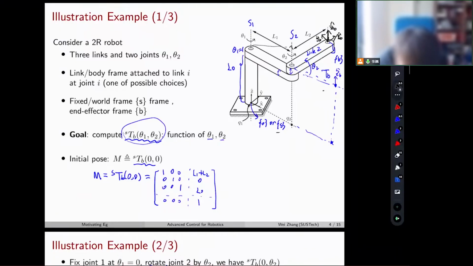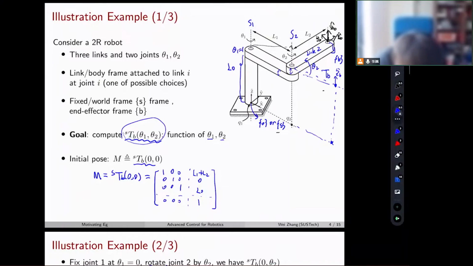When I write a screw axis like S2, it's coordinate free. I didn't say which coordinate system I want to use to represent it. I can represent it in the O frame, in the B frame, or in another frame. Typically we attach a frame to its link.